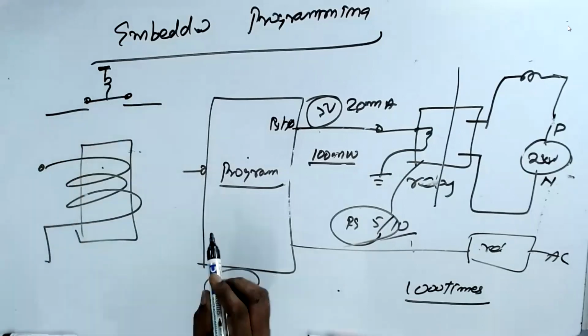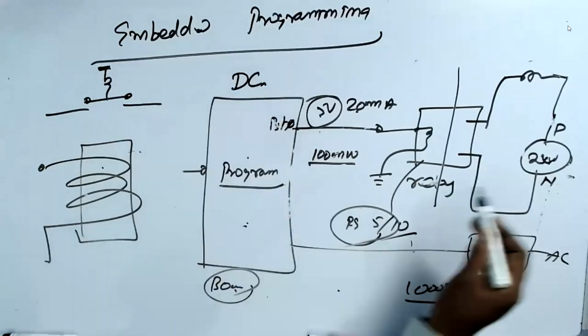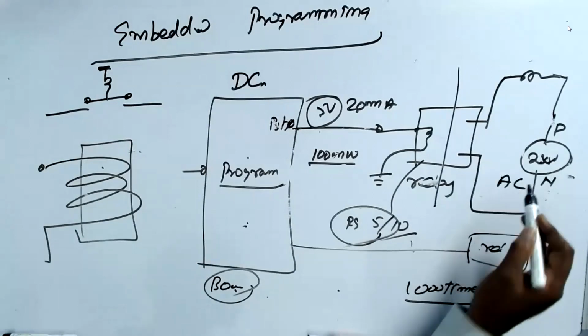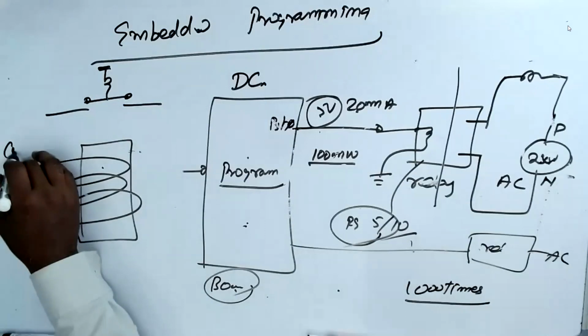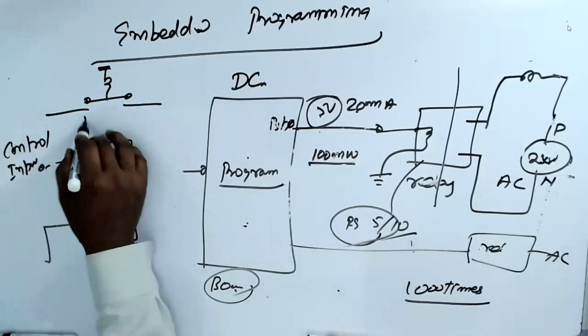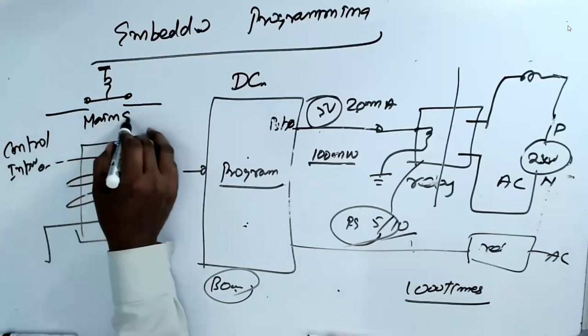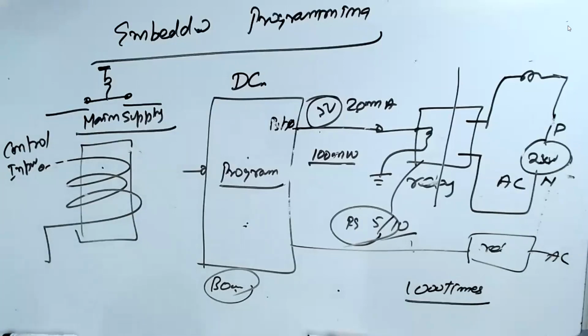That means that your microcontroller is operating at DC, your bulb is operating at AC. So there is no connection between your control input and the main supply. Am I right?